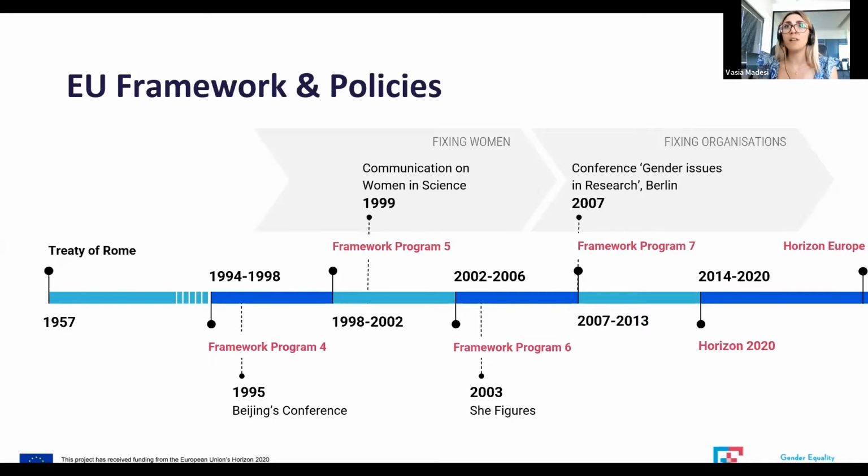Between FP7 and the Horizon 2020 period, institutional change and integration of gender in research content were proposed as new policy tools and the means to achieve gender equality in science. So several projects were funded with this scope, including Gender Equality Academy.